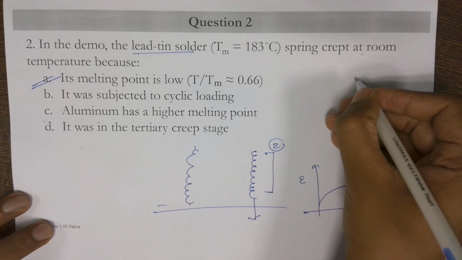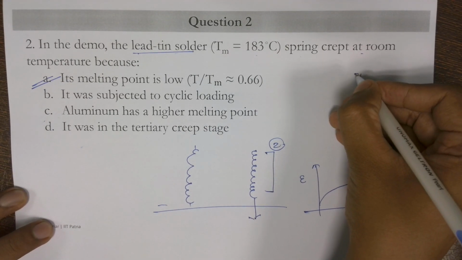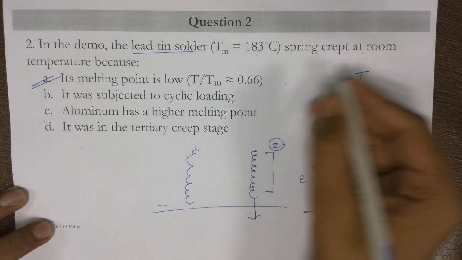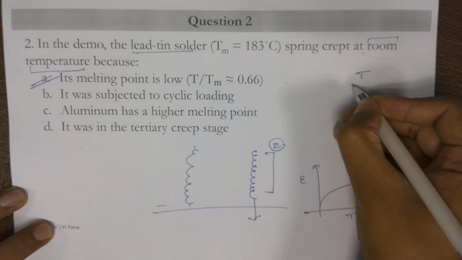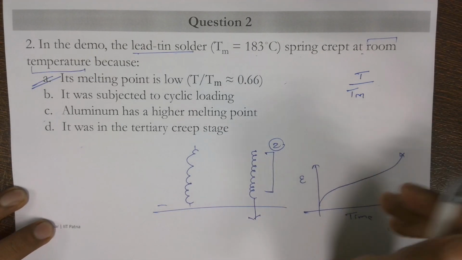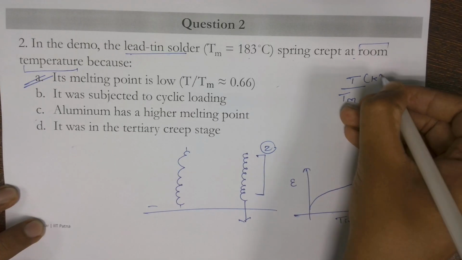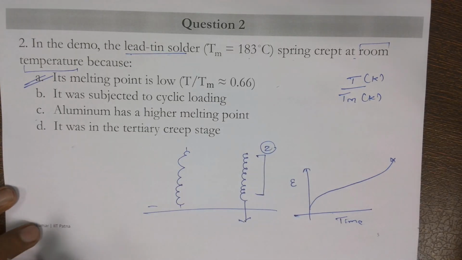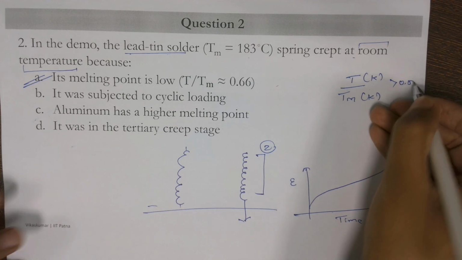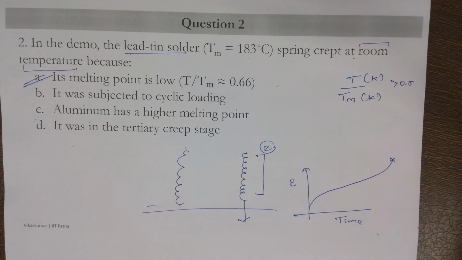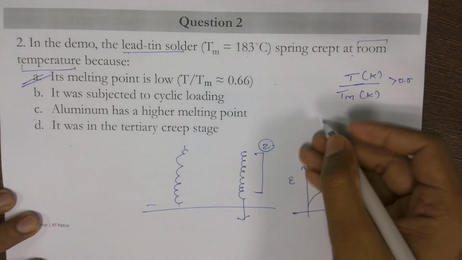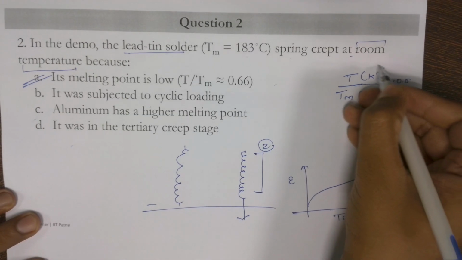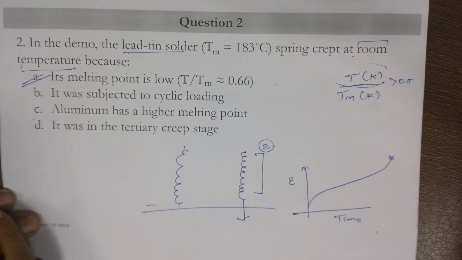What is the requirement for any material to creep? The test temperature, the temperature at which that particular test is going on, for example right now our test temperature is room temperature, divided by the melting point of that particular material. Both of them should be in Kelvin, and it should be more than 0.5. So if I want to find at what temperature my specimen is going to creep, what is the minimum temperature I should provide?